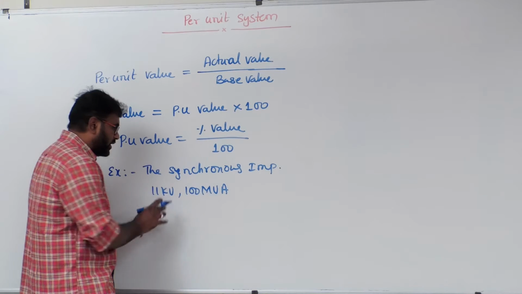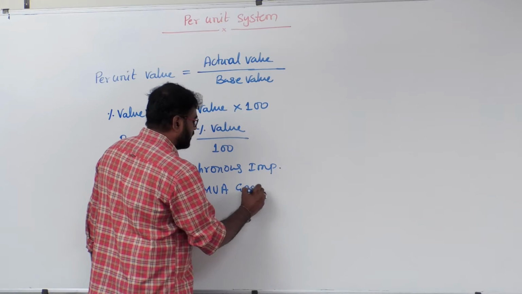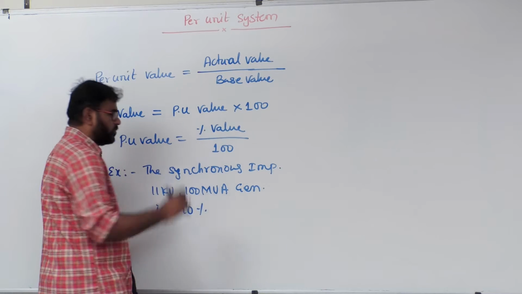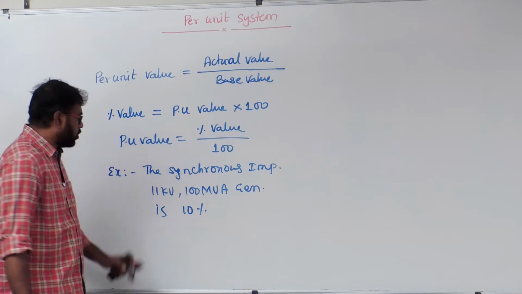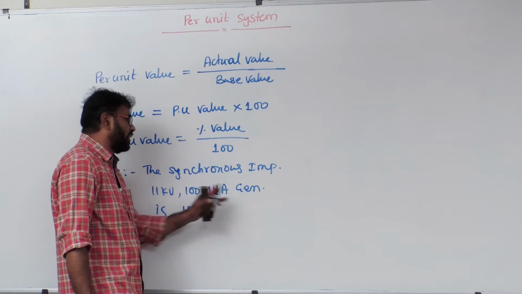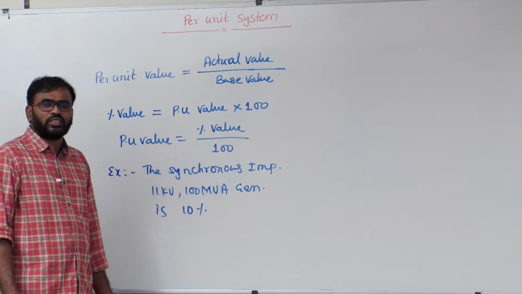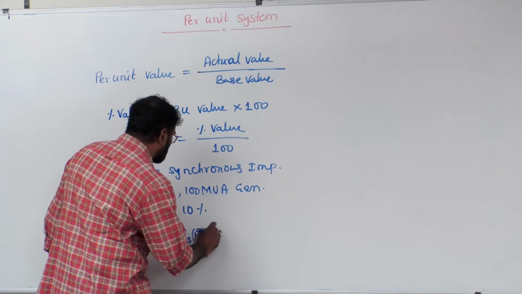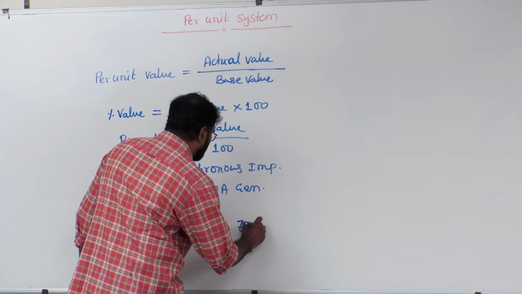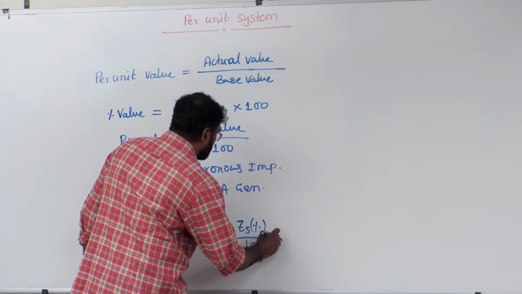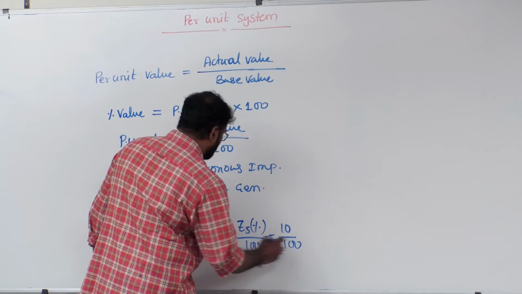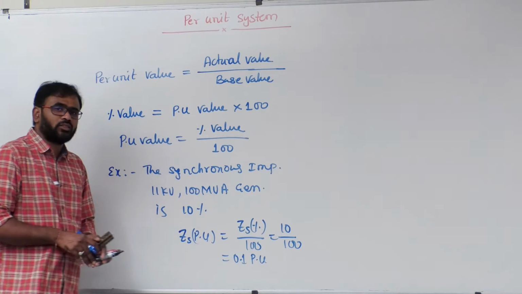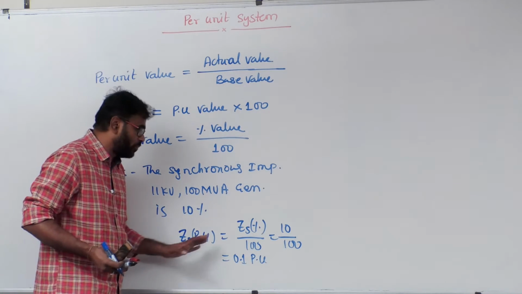The rating of the machine is 11 kV 100 MVA. Now tell me what is its per unit value? So ZS in per unit equals ZS in percentage divided by 100. That means 10 by 100, which is 0.1 per unit.